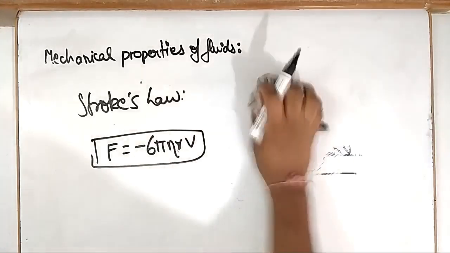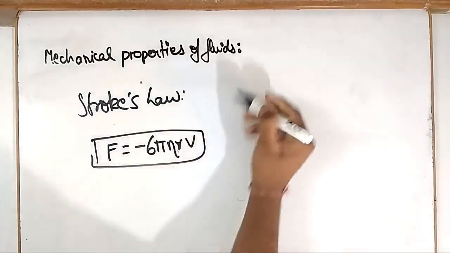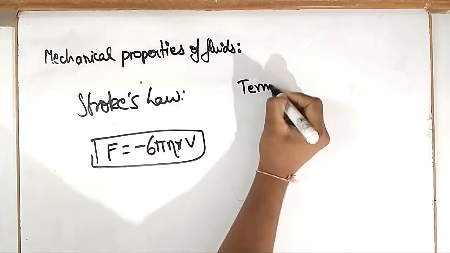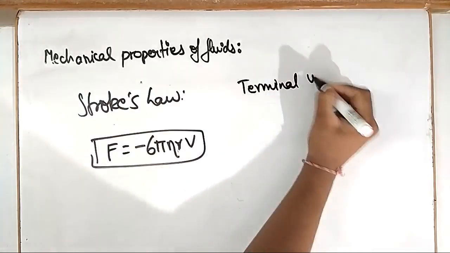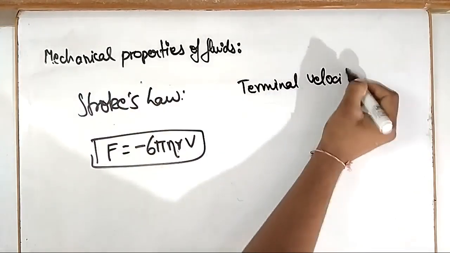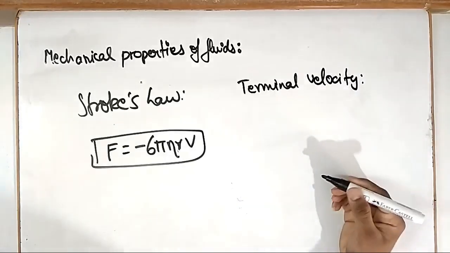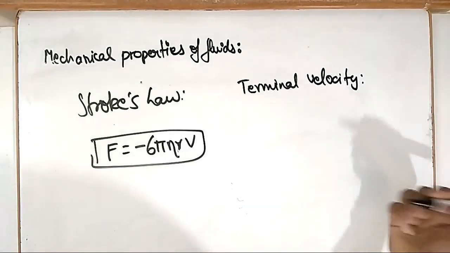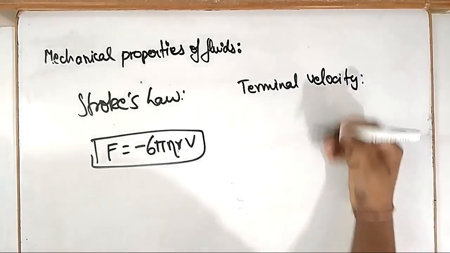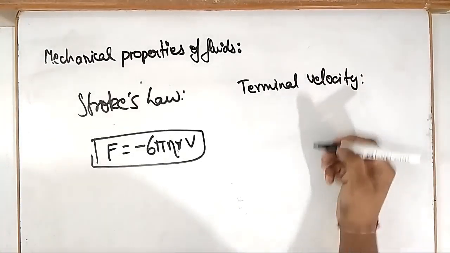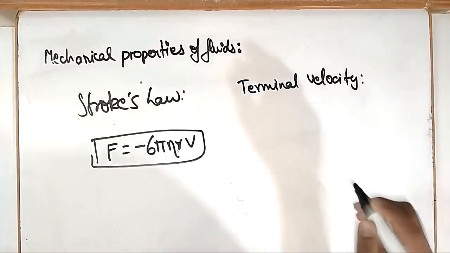Now, terminal velocity. If a body is allowed to freely fall down, considering air resistance, there will come a point where its velocity won't increase.